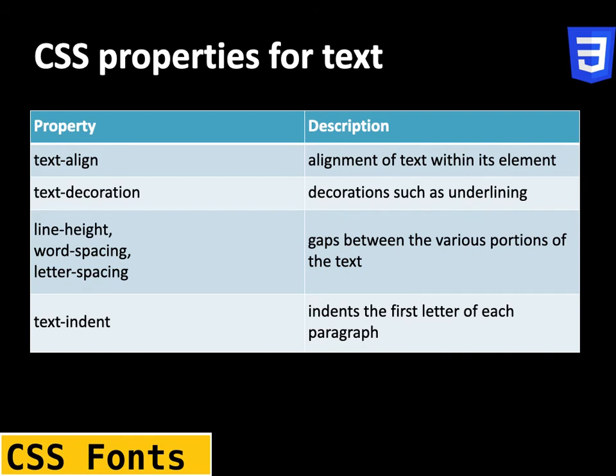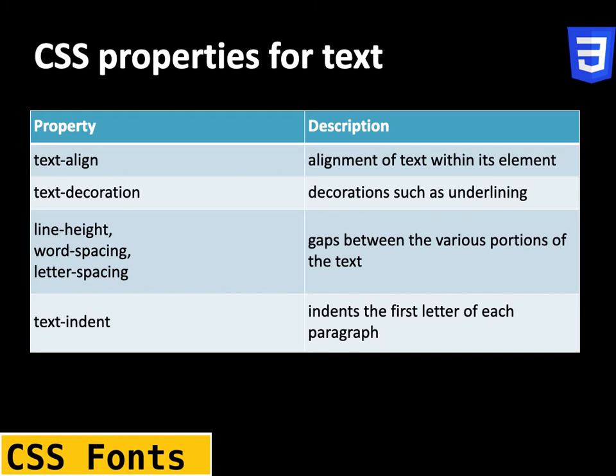CSS properties for text. Till now we have seen font properties. Now we will be discussing CSS properties for text. The properties and descriptions are given here. Text-align, that is alignment of text within its elements. Text-decoration, decorations such as underlining.